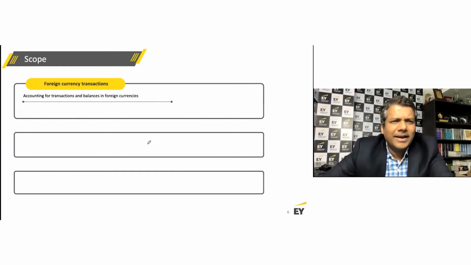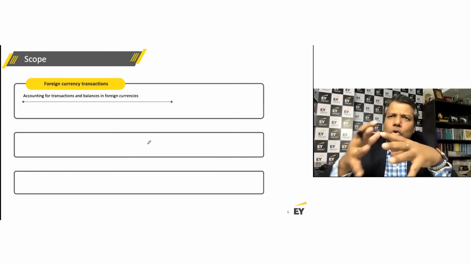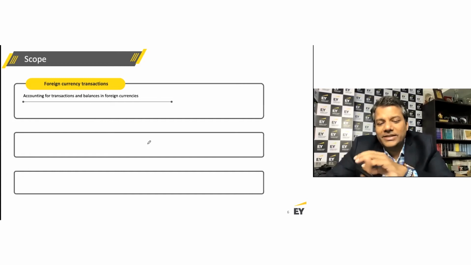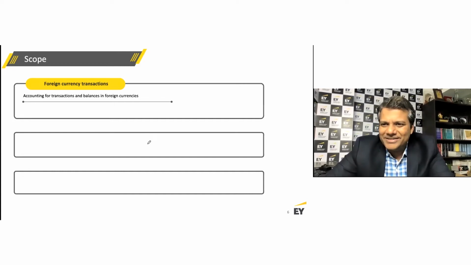Because the government controls foreign currency in a meaningful manner, that's how you see the RBI balance, right? How much is the foreign currency reserve we have? That's an important benchmark for the stability of our economic environment.